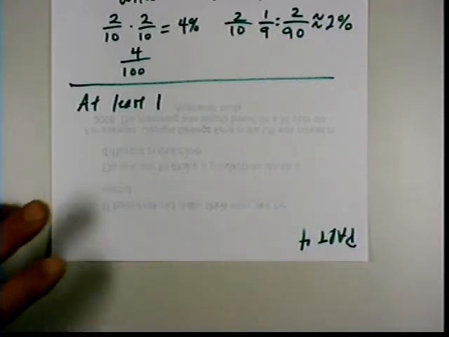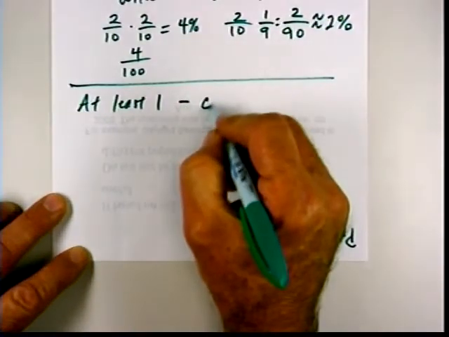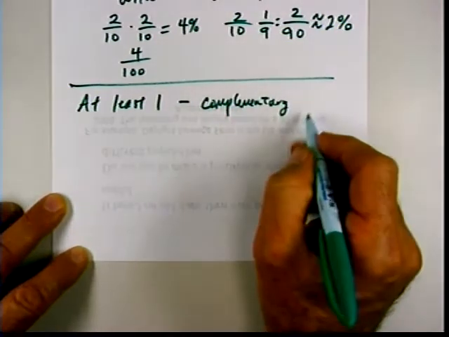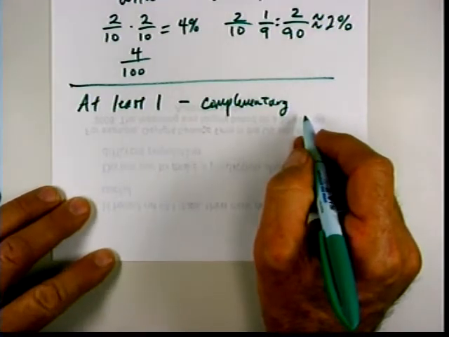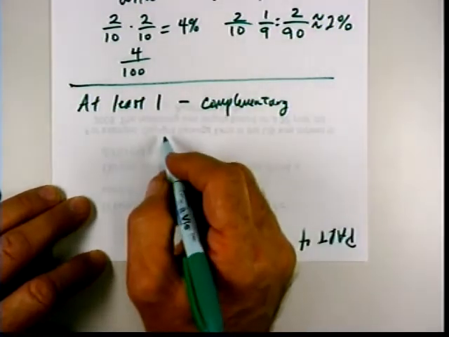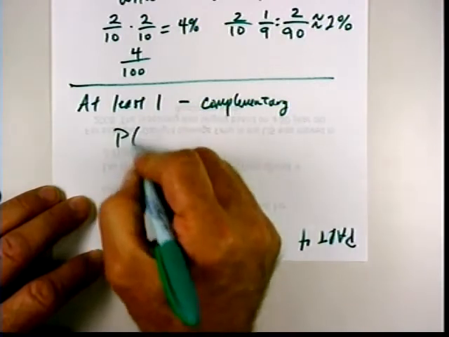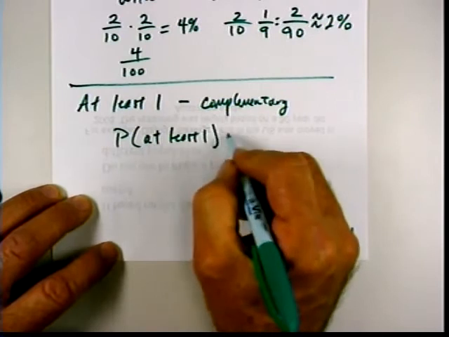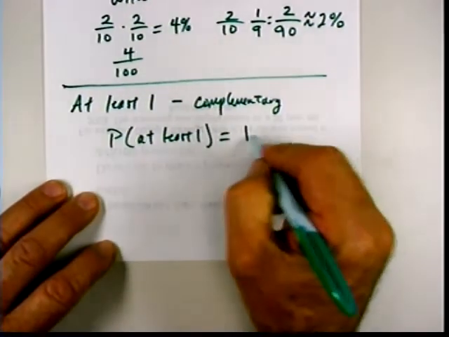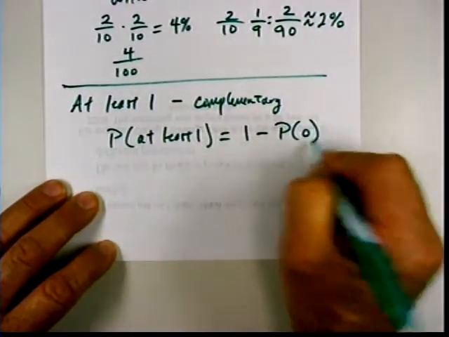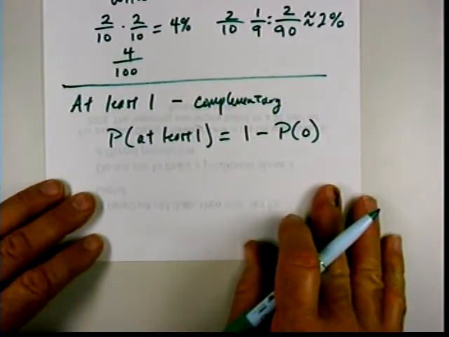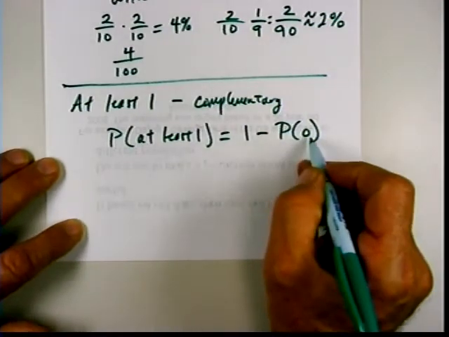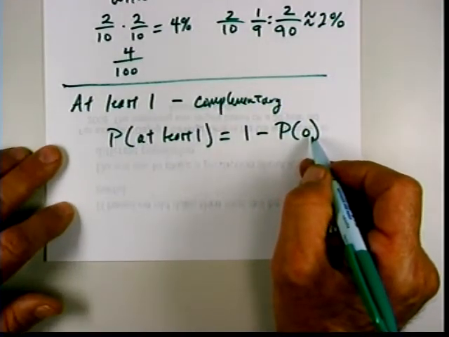The at least one rule is what we would call a complementary rule. It turns out that the probability of getting at least one is equal to 1 minus the probability of getting none.